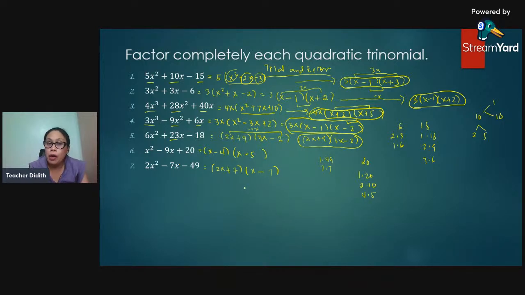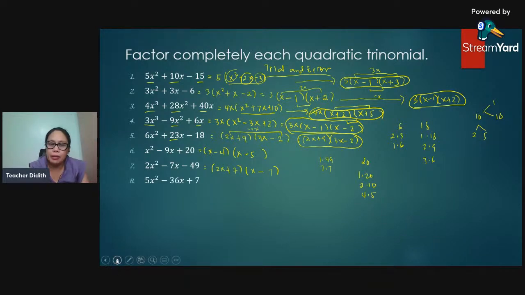When we perform the OI, as we multiply the outer terms and the inner terms, 2x times negative 7 is negative 14x, plus 7 times x, which is 7x. So that leads us to negative 7x. So these are the factors. Okay?